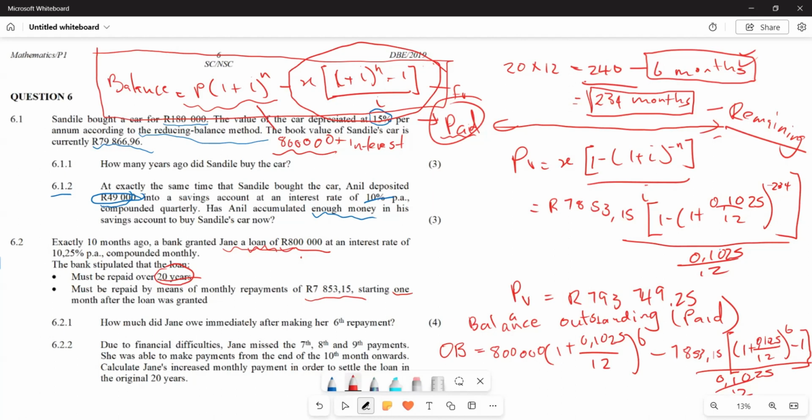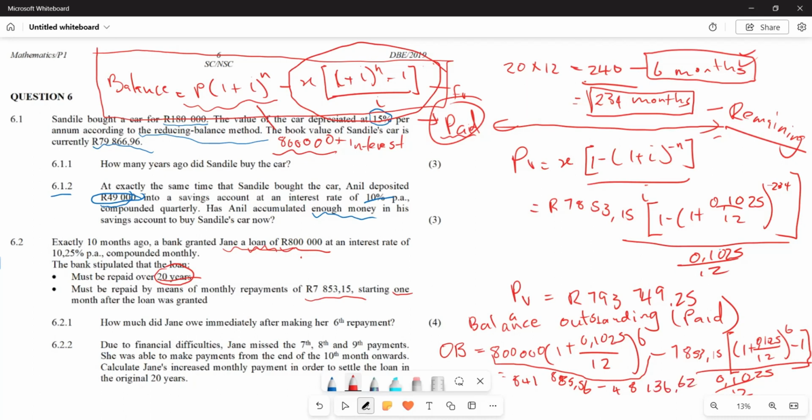Now, this is when you're using the outstanding balance formula. And you'd realize that basically after 6 months, the money would have earned the interest of 885.56, subtracts this side, which is 48,136.62, right?